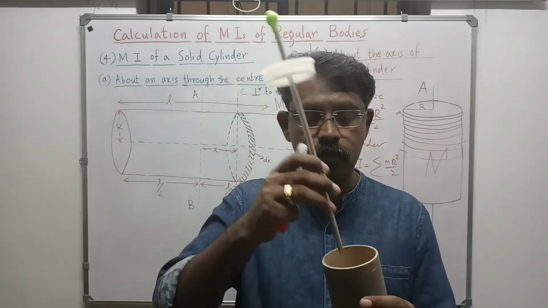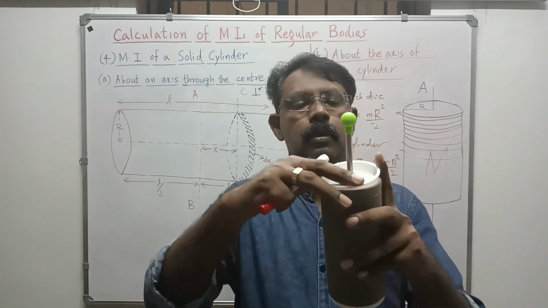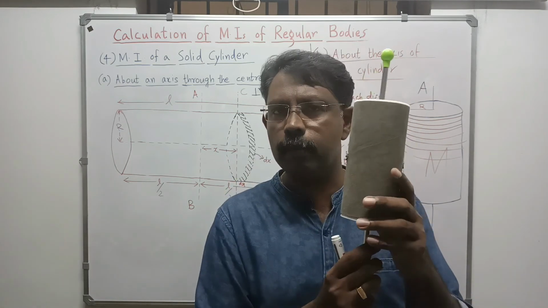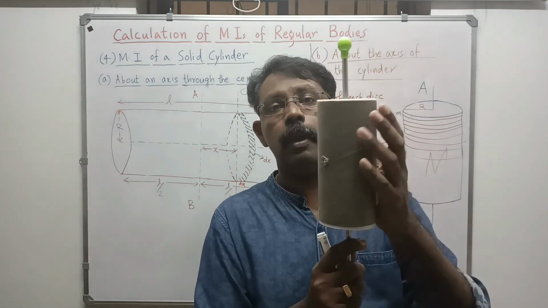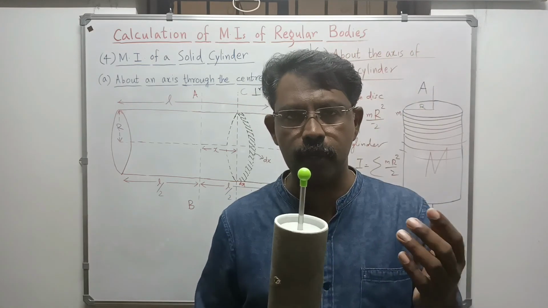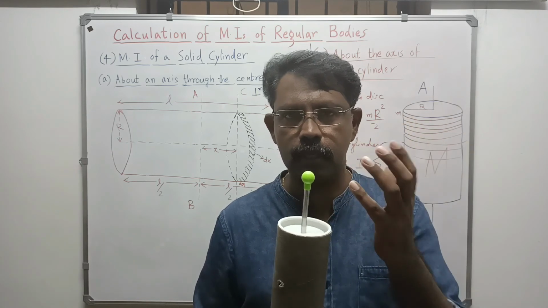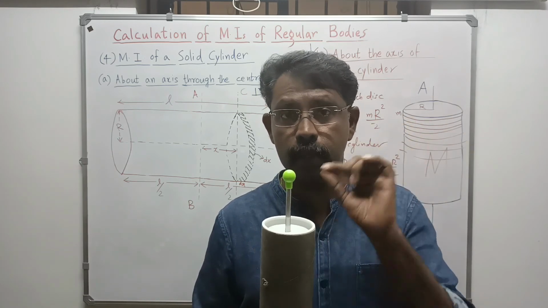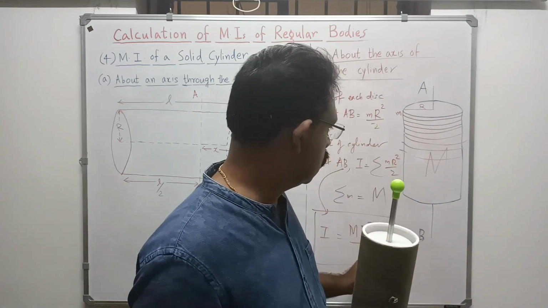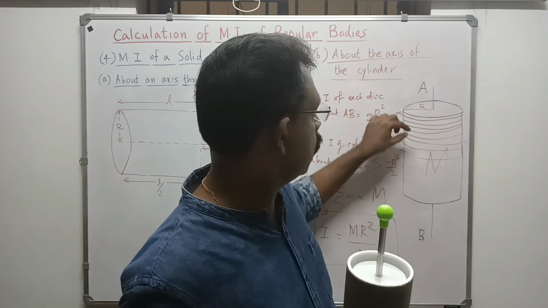When I am considering the solid cylinder, the equation is the same, mr squared by 2, but m means the mass of the whole cylinder. The equation is the same, but the mass involved in the equation is different. Here m is the mass of the cylinder, and here it is the mass of a single disc.